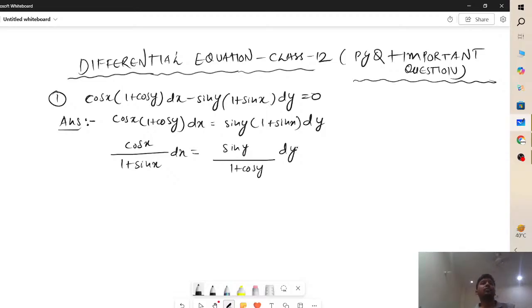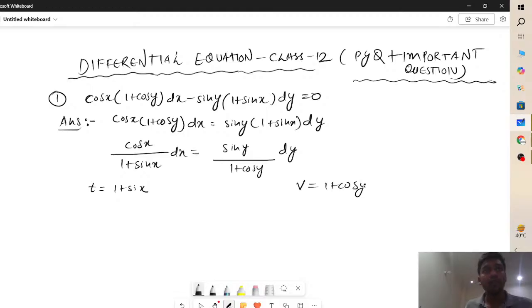Now we move further in this question by variable separation. Let t equal 1 plus sin x here, and here we take v equals 1 plus cos y.